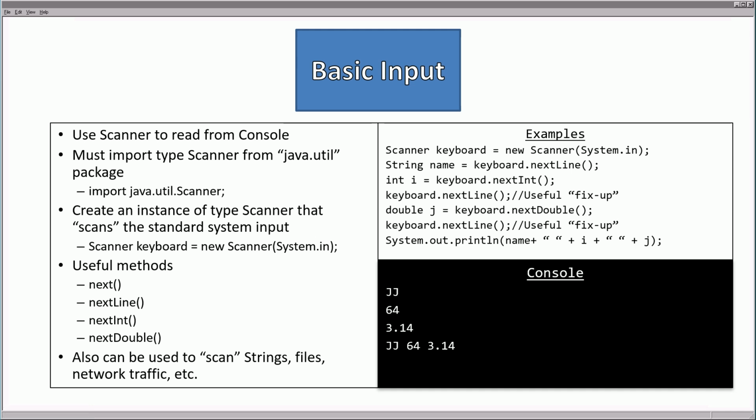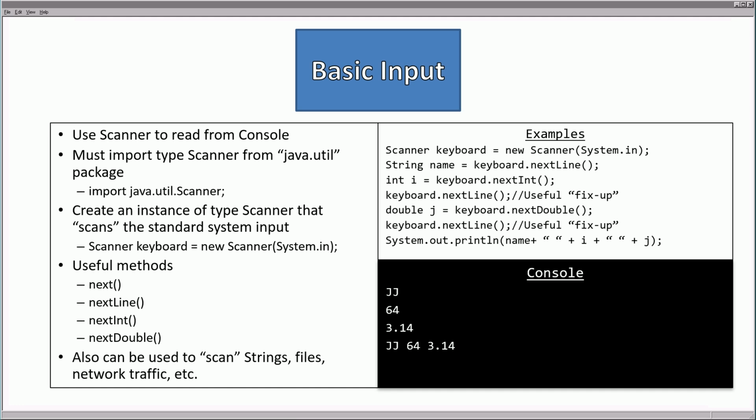The Scanner is an object type, and object types indicate that you have some sort of reference, some sort of contents, and also object types combine together information with functionality. The functionality are called methods, and there are some useful methods you should consider when reading from the console.